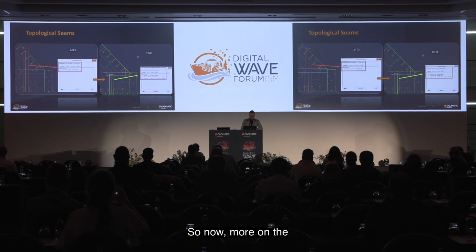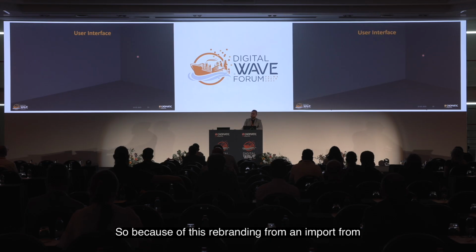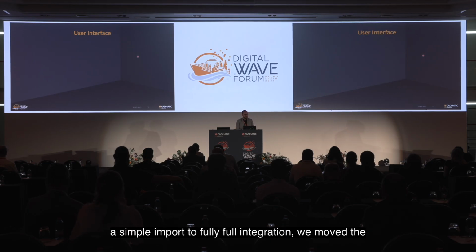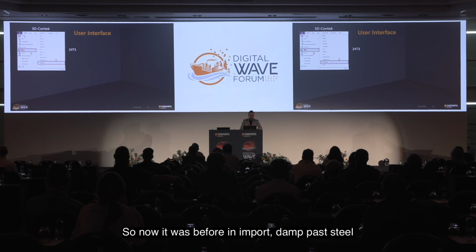So now more on the visual side of things. Because of this rebranding from a simple import to a full integration, we moved the button from under the import tab in 3D Contec. Before, it was in import, Napa Steel.